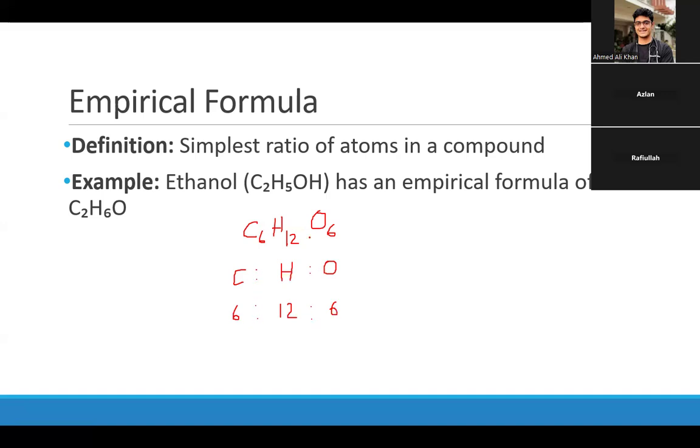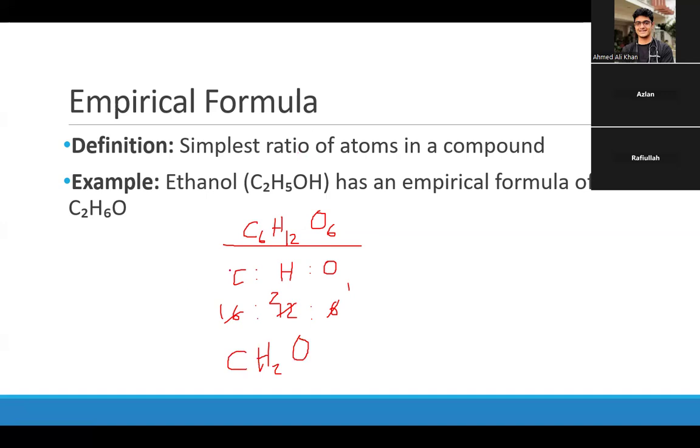If you want to calculate the empirical formula, you just divide by the common divisor of all of these numbers. Here, in this case, it is 6. So 6 divided by 6 is 1, 12 divided by 6 is 2, and 6 divided by 6 is 1 again. So the empirical formula for glucose would be CH2O. So yeah, simple.